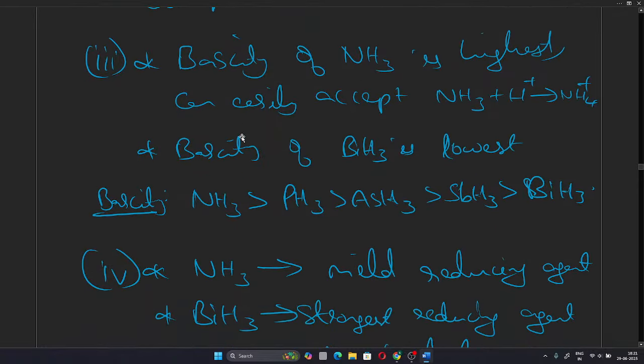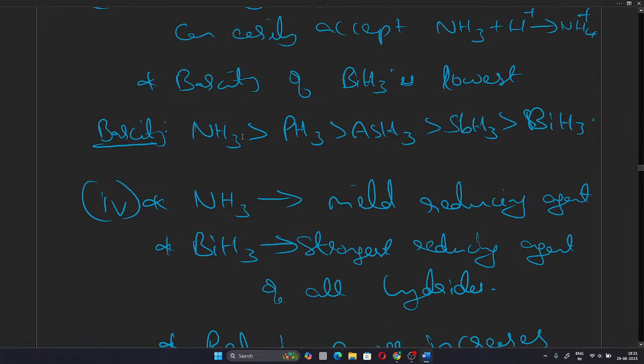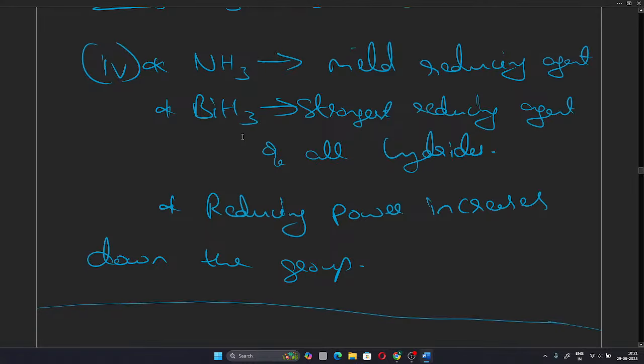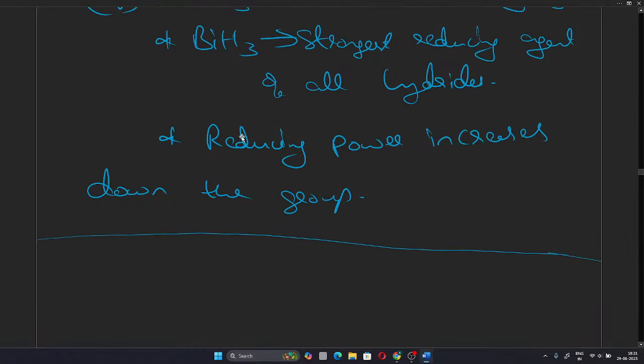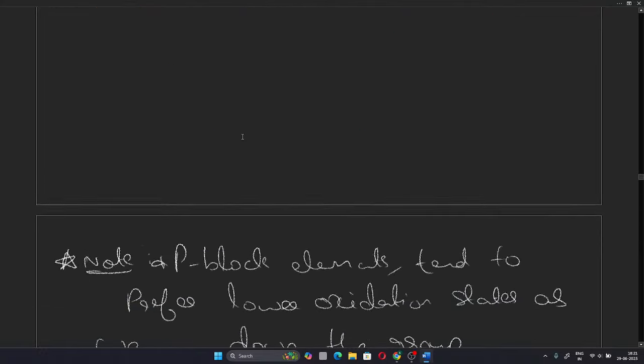Basicity of NH3 is highest, as it can easily accept H+ to give NH4+. Basicity of bismuth trihydride is lowest, and ammonia is a mild reducing agent, whereas bismuth hydride is the strongest reducing agent. Reducing power increases down the group.